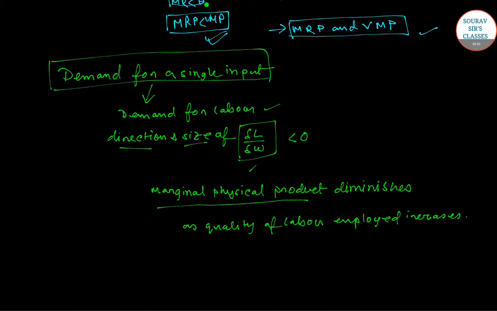A decrease in W means that more labor must be hired to bring about the equality between W equals P into MPPL.